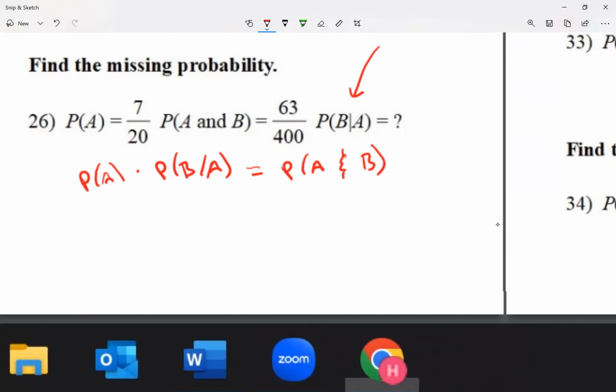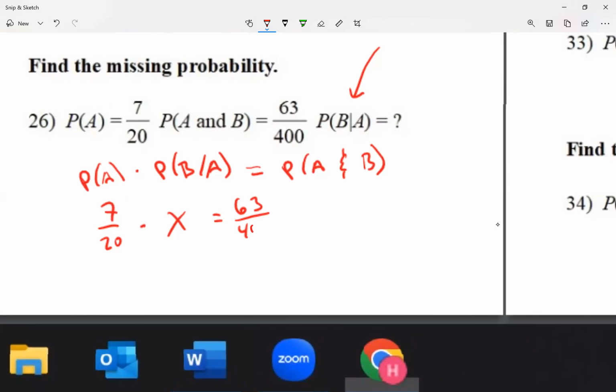I have 7/20 times X. I don't know the probability of B given A, so I'm going to replace it with a letter. And this is equal to 63/400.